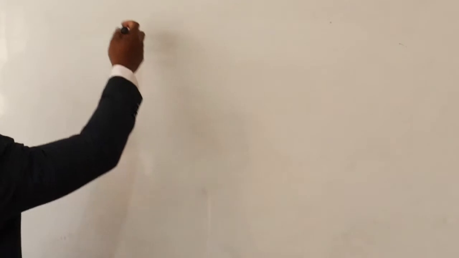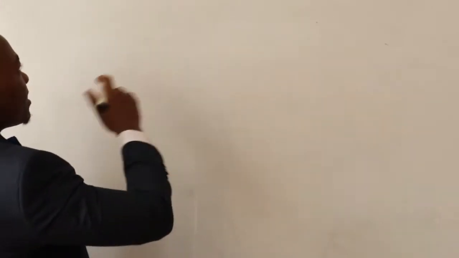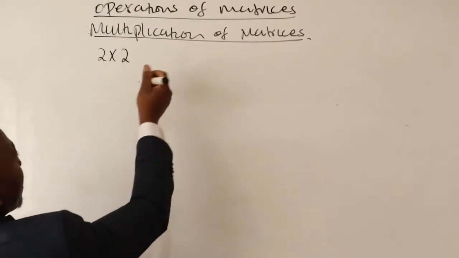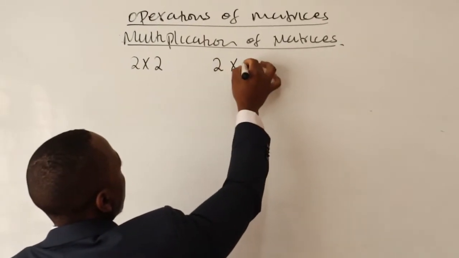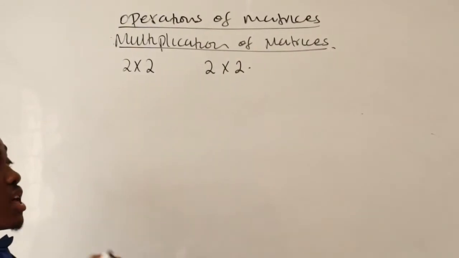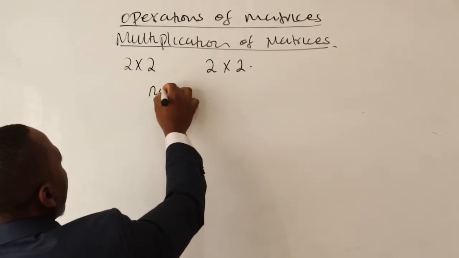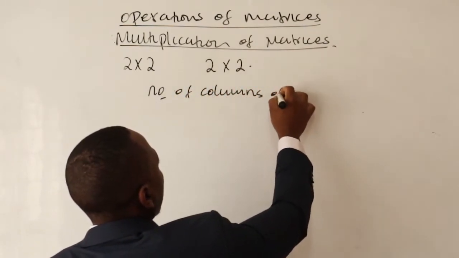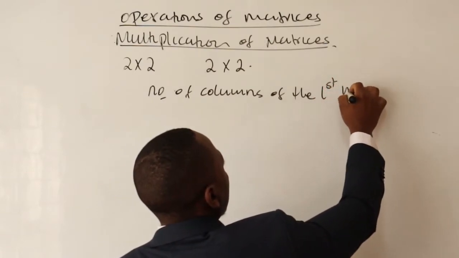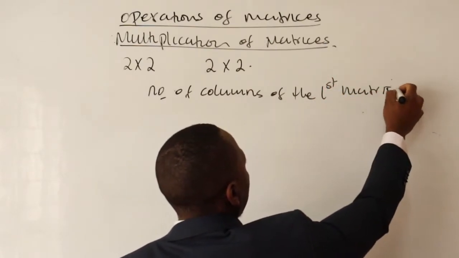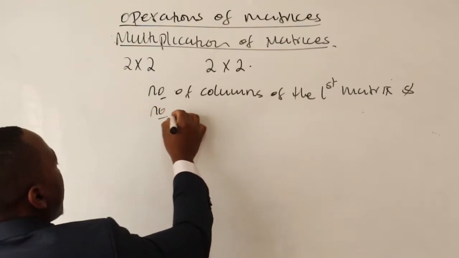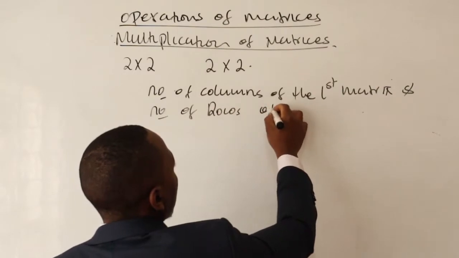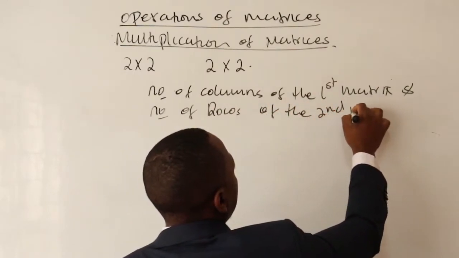For example, assuming you have a matrix of 2 by 2, and you are multiplying by another matrix of 2 by 2. This is how we look at compatibility: you look at the number of columns of the first matrix and the number of rows of the second matrix.